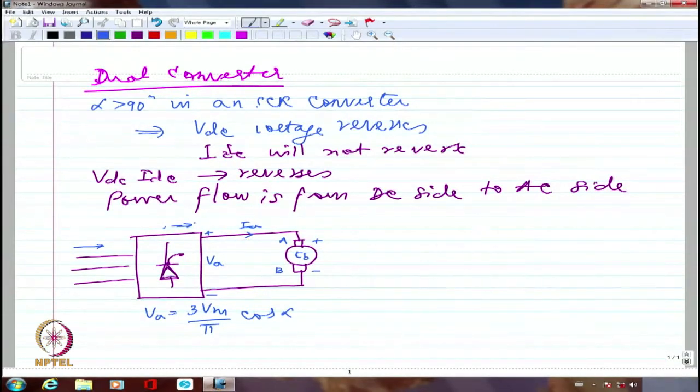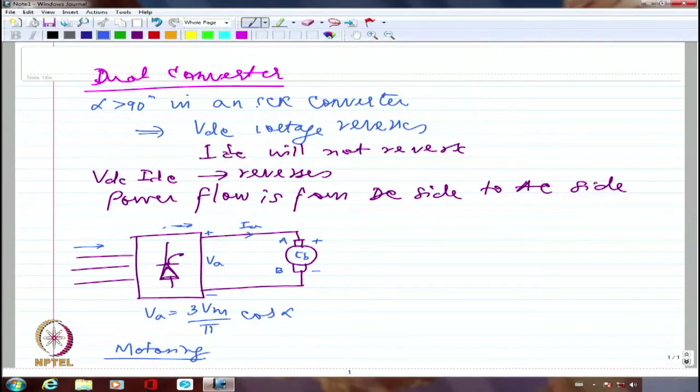This is motoring operation, and if we really want the generating operation, maybe we will need it when we want to reduce the speed of the motor drive. We don't want to waste the energy. So we want to reduce the kinetic energy by converting it into electrical energy, if it is possible, so that we save some amount of electricity indirectly.